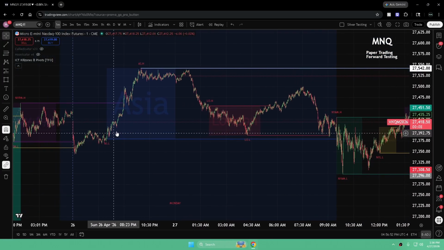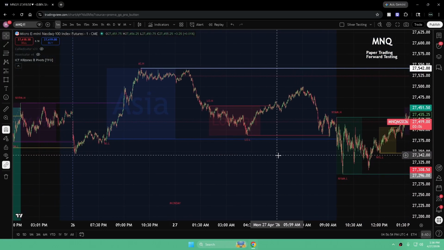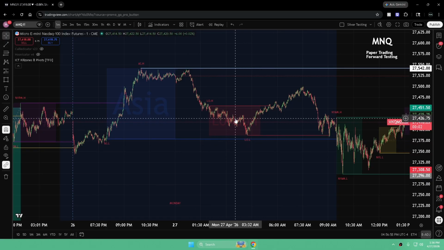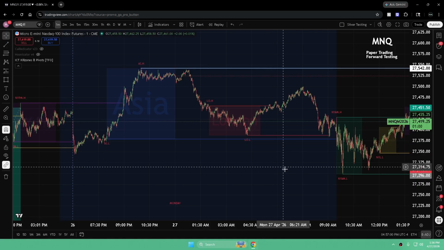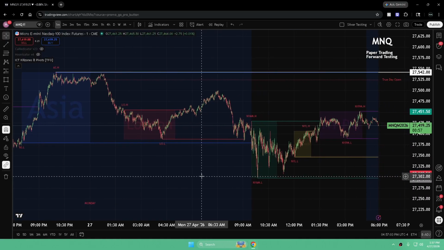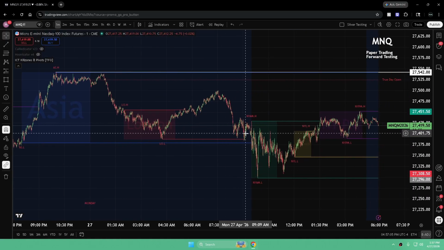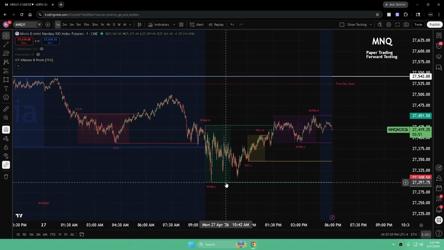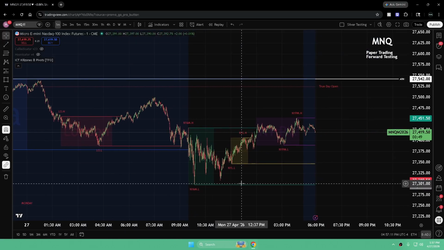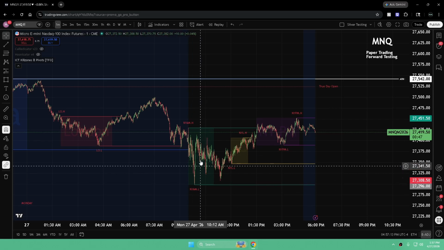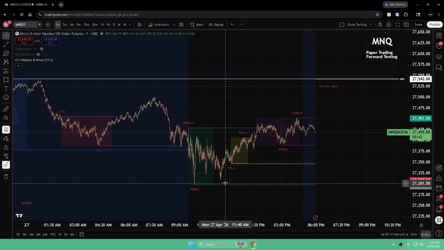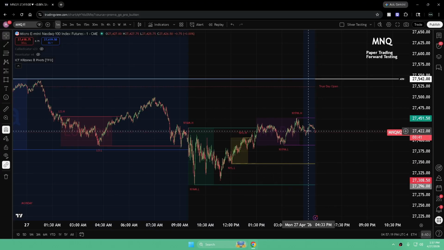Same with this Asia directional move, London. We don't get a sweep of anything. We get a consolidation. No sweep. So guess what we do first? We go down. We sweep these lows. And then we have a New York seek and destroy. Right? And then we get a move into the opposite direction.